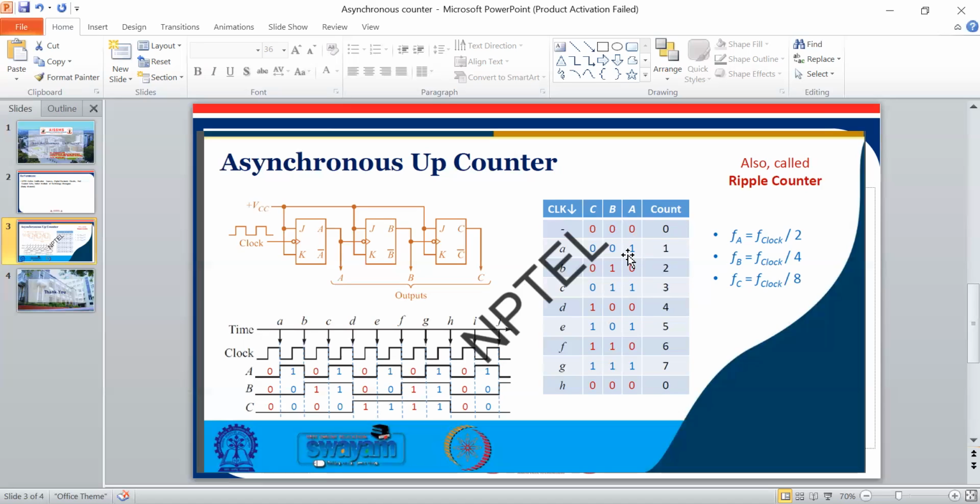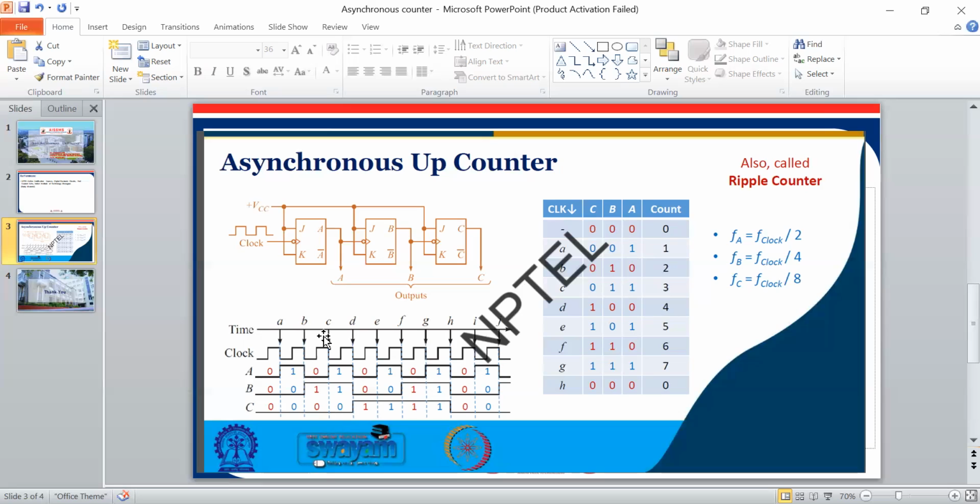At this point, A is having its negative edge, so output B is toggling from 0 to 1. So similarly, whenever the negative edge of signal A is coming, output B will toggle.